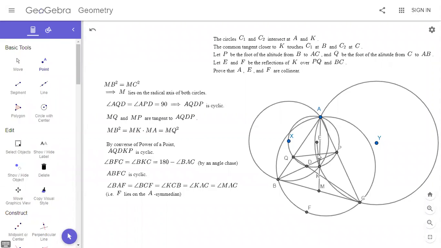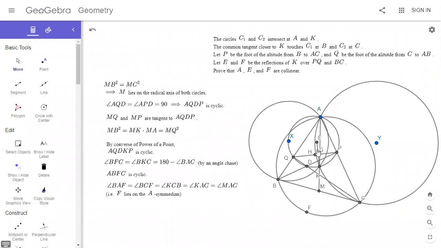So let's see. Yeah, if we label the midpoint of PQ, they're kind of bunched up here, but E lies on the AC median by symmetry.